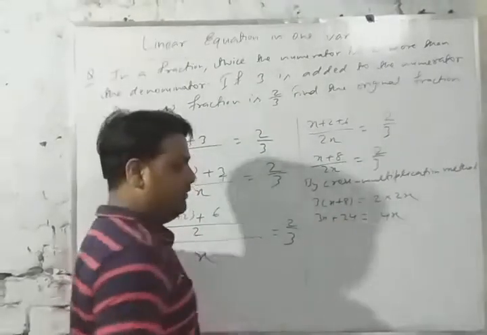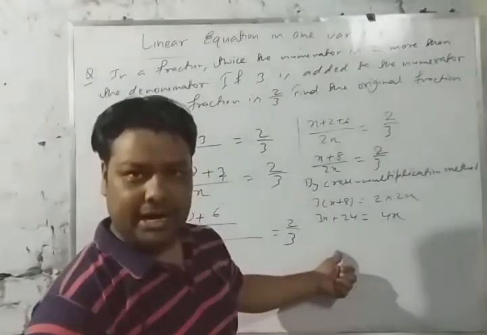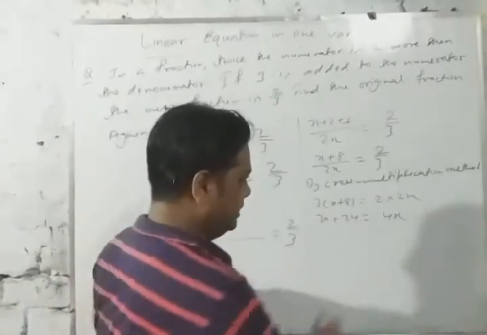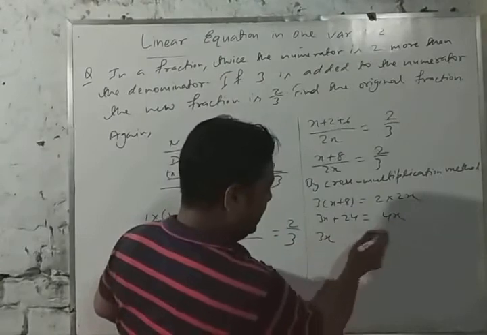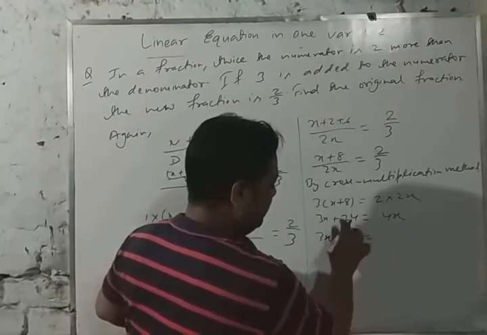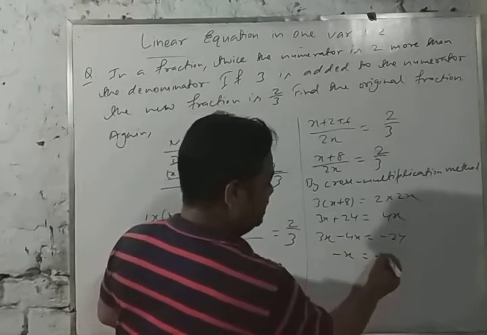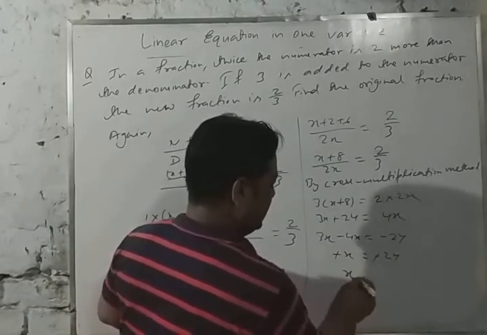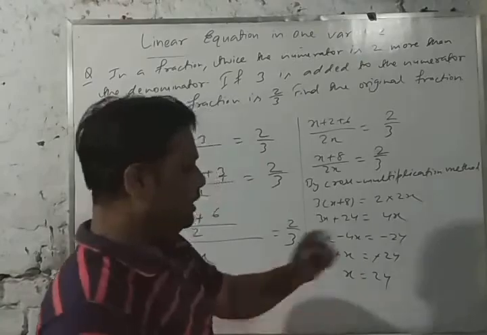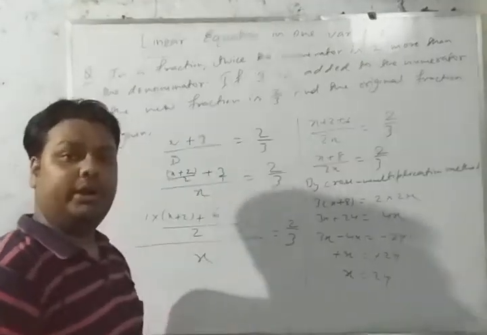Always keep the variable in LHS and the constant term in RHS. So 4x we keep here, minus 4x will come, plus 24 will go to that side as minus 24. It will be minus x is equal to minus 24. Minus minus cancelled out. What will be the value of the variable? x is equal to 24.